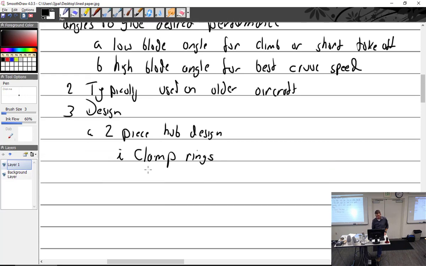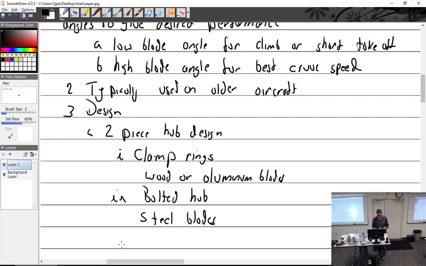It will use wood or aluminum clamp rings for wood or aluminum blades, or it may have the bolted style for steel blades.